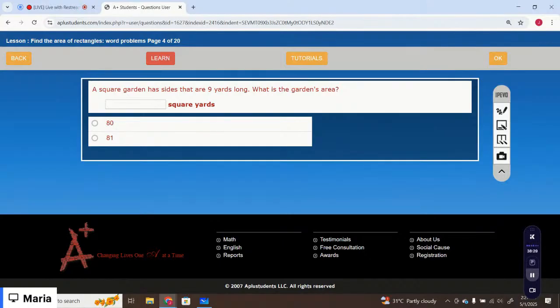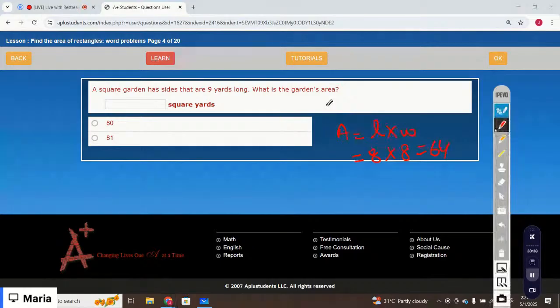A square garden has sides that are 9 yards long. What is the garden's area? So a square garden it is. So the area of a square is side times side. So 9 times 9 is 81.